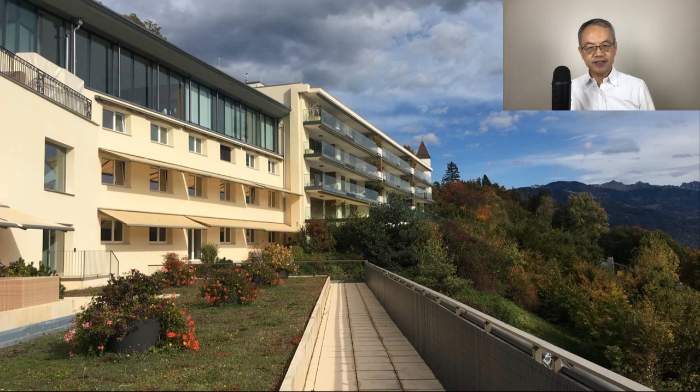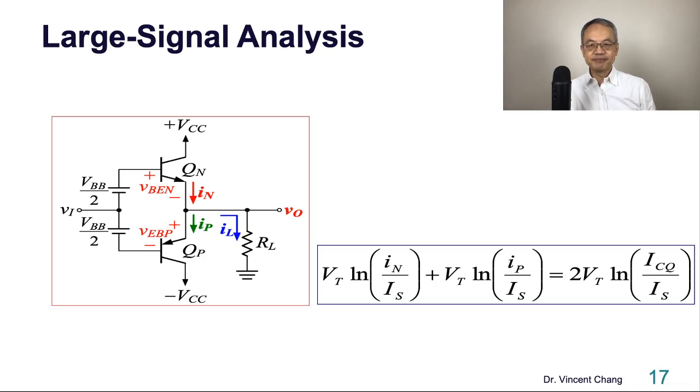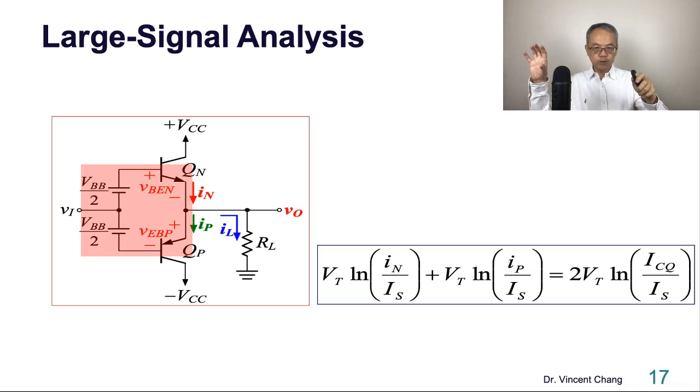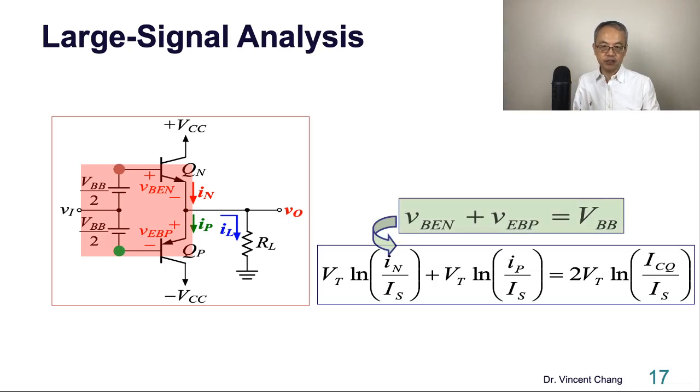All right, did you get it? Let me explain. If you didn't get this, then pay attention to the red zone on your left. Now, what's the relationship between the voltages? You can simply put down this, right? The voltage across these two bases: VBB equals VBN plus VEBP.